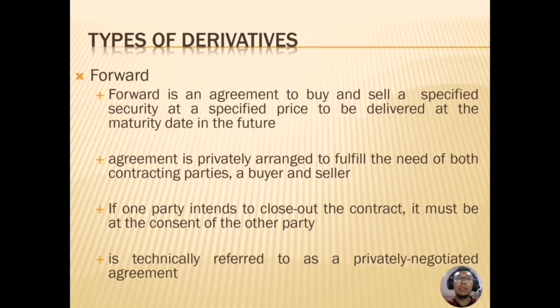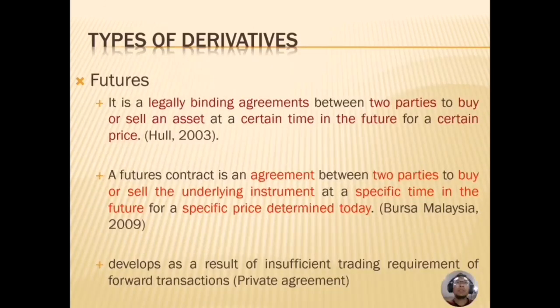If one party intends to close out the contract, it must be with the consent of the other party. Let's say the buyer wants to terminate the contract, so it must get the consent from the seller. It is technically referred to as a privately negotiated agreement.